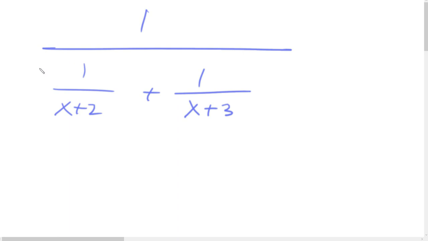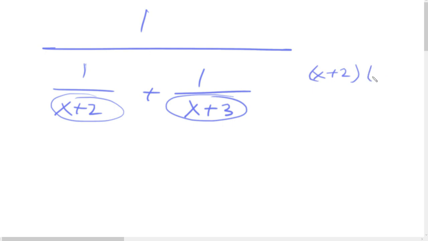Let's look at the denominator here. If I have 1 over something and 1 over something that I'm adding, those will need a common denominator. And the only way to get a common denominator is multiplying this and this together, which is x plus 2 times x plus 3.